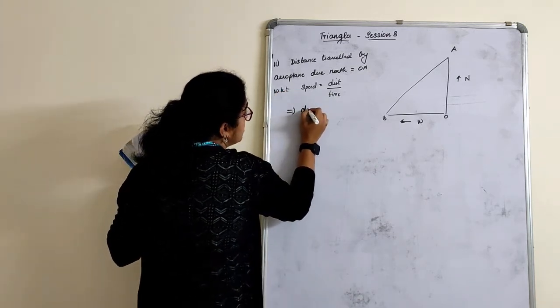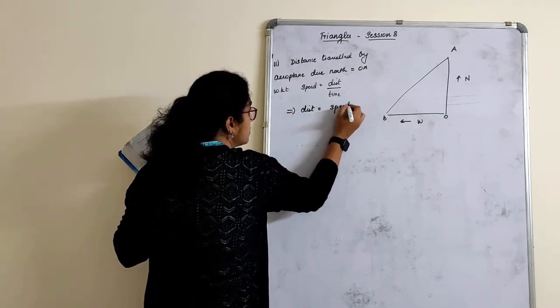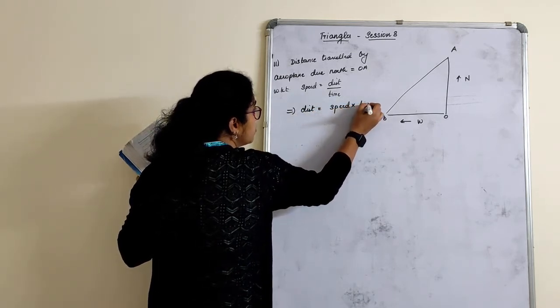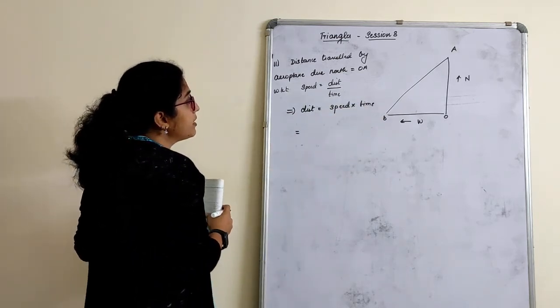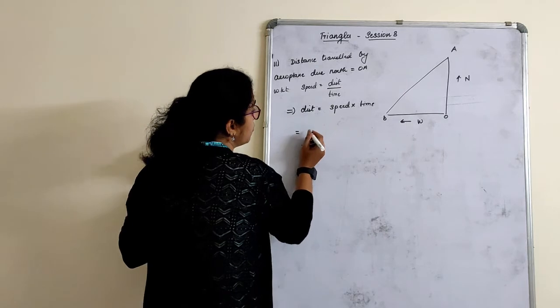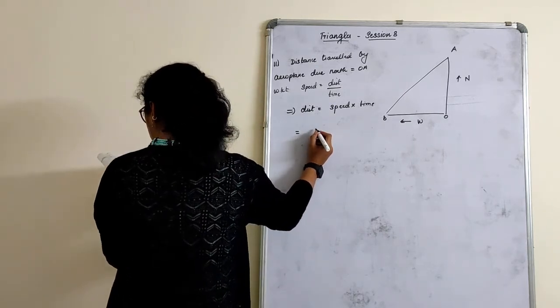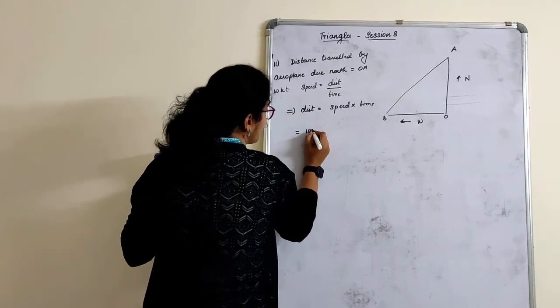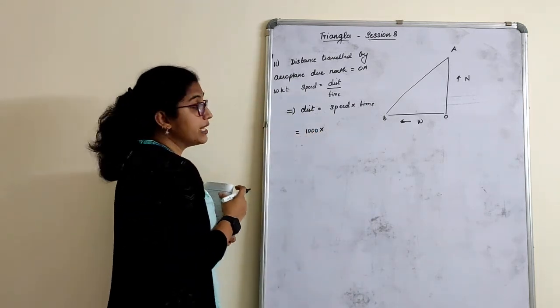So here distance we have to find. Distance is equal to speed into time. Speed for the first aeroplane, children, how much was it? 1000. 1000 into time, which is given as 1.5.